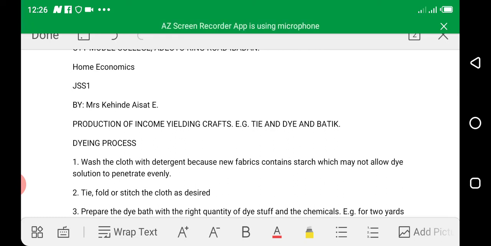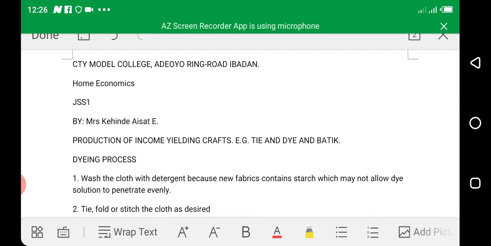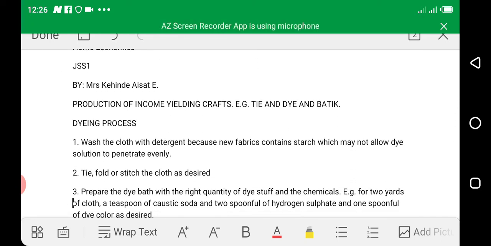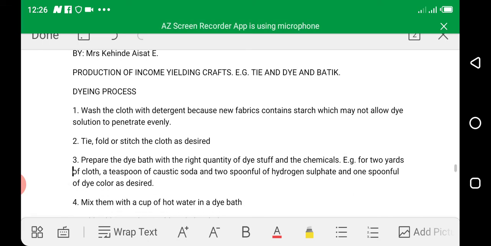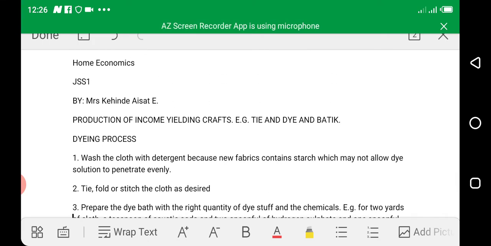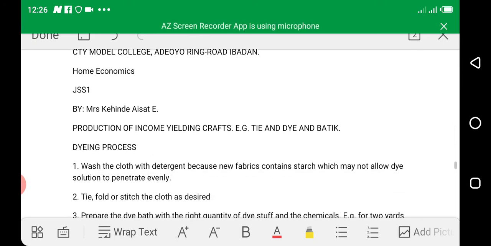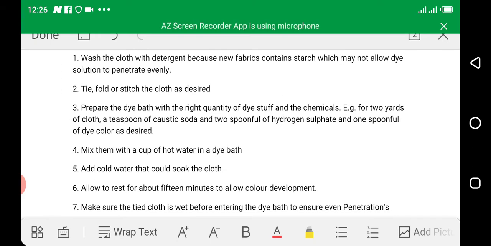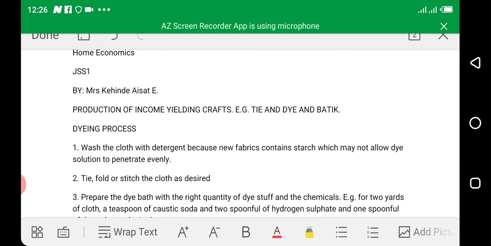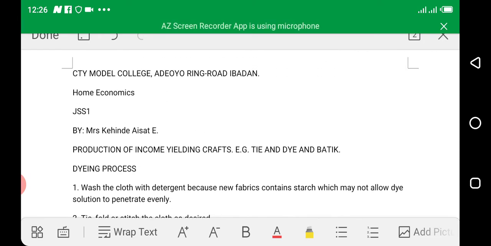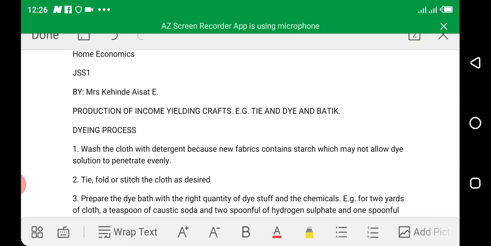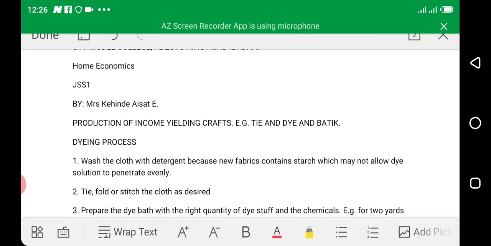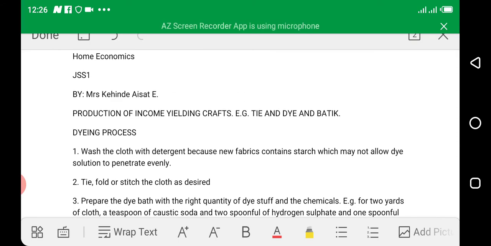We also discussed the meaning of dyeing as the process of resisting fabric from absorbing the dye solution. We also viewed some of our fabulous tie-dye prints, and we promised to see the process of dyeing in our next lesson, which we are going to be having now.